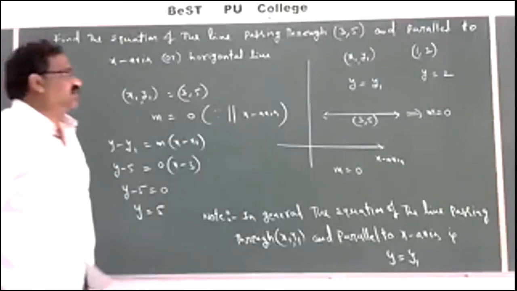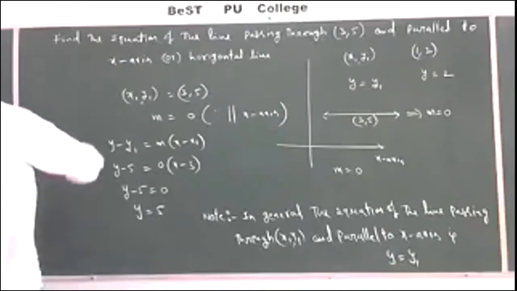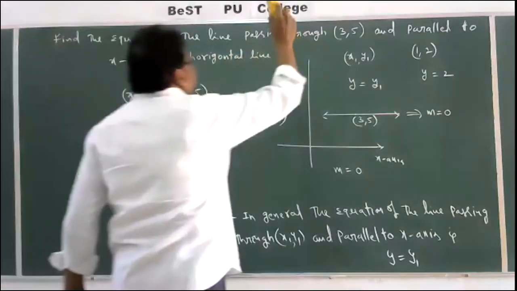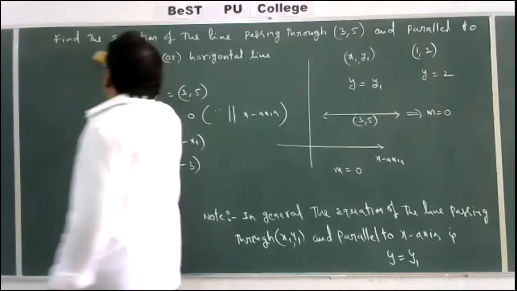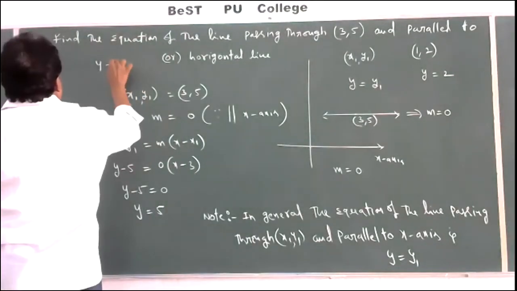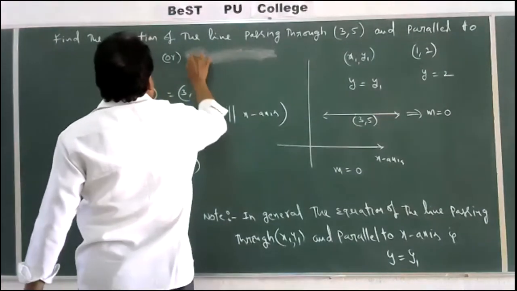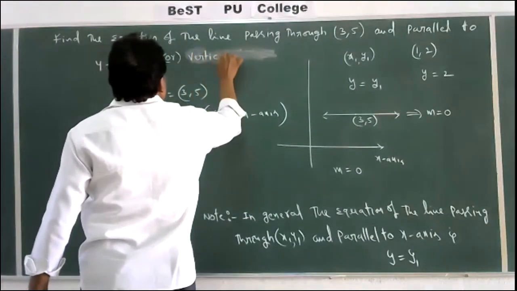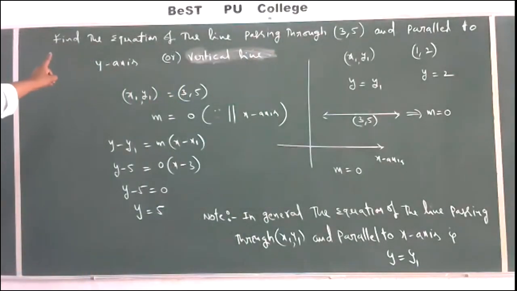Like that, for example, find the equation of the line passing through (3, 5) and parallel to the y-axis, or vertical line. For example, this problem is given, right?